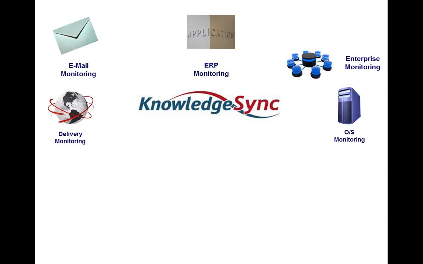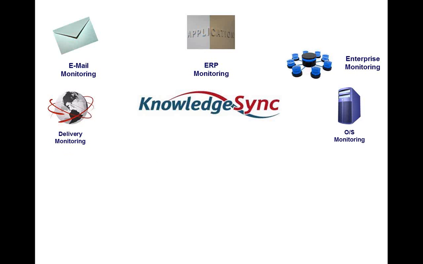Now, KnowledgeSync also has a couple of minor monitoring capabilities. The first of those, on the middle right of this slide, refers to monitoring the operating system, looking for conditions such as low disk space on your database server, or looking for one of your users who has let their Microsoft Outlook email box completely fill up. And over on the left-hand side, KnowledgeSync offers a unique capability called delivery monitoring.